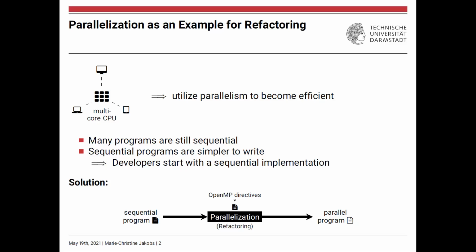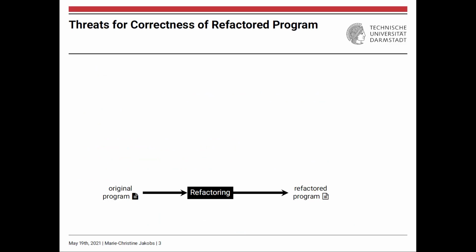To get the desired parallel programs, it is a common task to parallelize the sequential program, and one opportunity to parallelize a sequential multi-threaded program, especially a C program, is to add so-called OpenMP directives to the program. Parallelization via OpenMP directives is the motivation for our work.